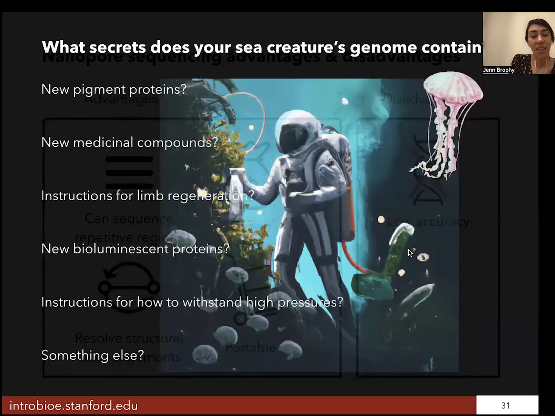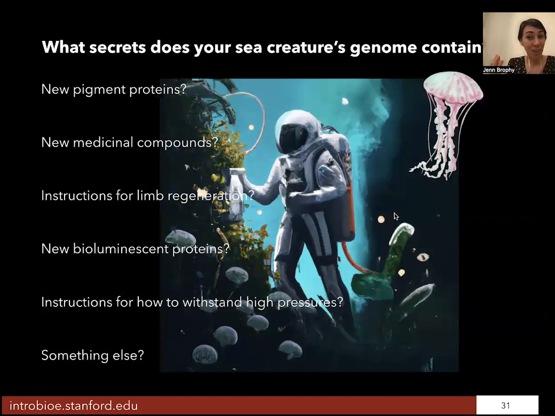Okay, so at the end of all of this, you have technologies you can choose from, you have approaches you can choose from for being able to sequence the DNA of your mysterious sea creature. And now I want you to think, what can you learn? What secrets does your sea creature's genome contain? Maybe there are new pigment proteins. Maybe there are new medicinal compounds or enzymes that make new medicinal compounds encoded in the DNA.